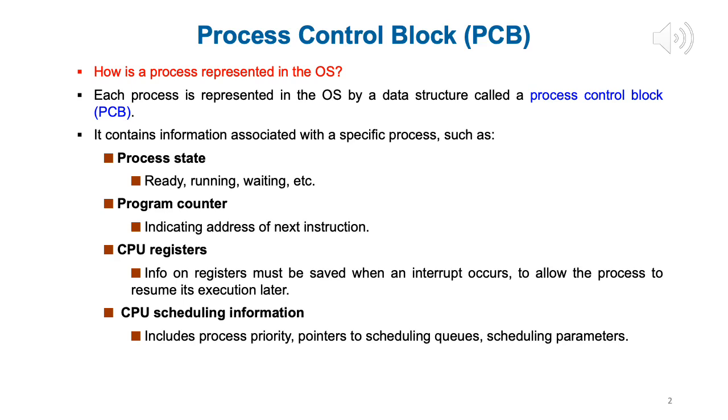CPU registers, third thing. Information on registers must be saved when an interrupt occurs to allow the process to resume its execution later. So let's say the process is doing some calculation, and some intermediate values are stored in a register, right? And then there's an interrupt, and the process must be preempted, which means the CPU must be taken away from the process and given to some other process.